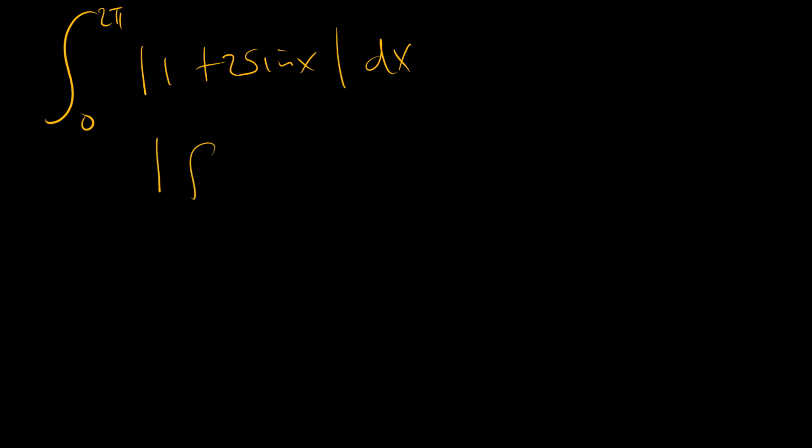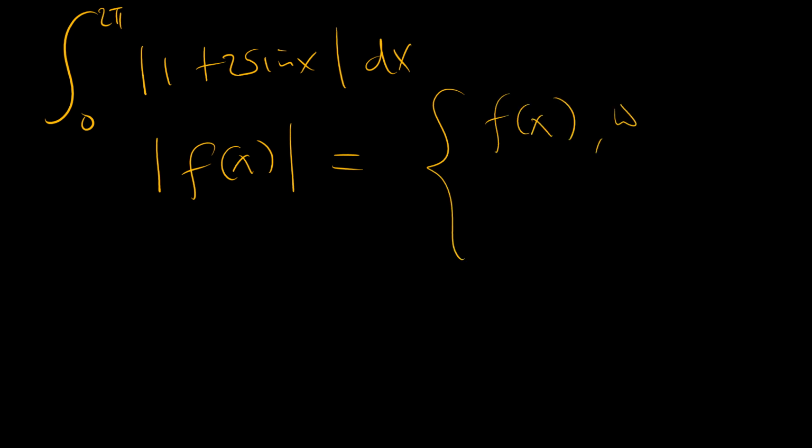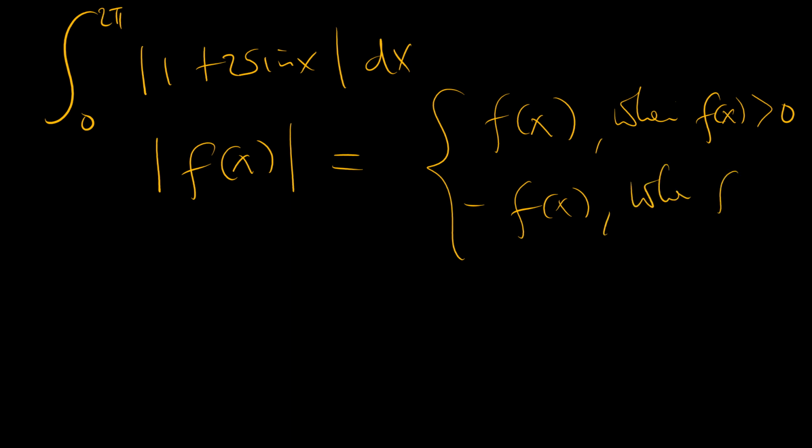The absolute value of a function f(x) equals f(x) when f(x) is greater than 0, but negative f(x) when f(x) is less than 0. That is the definition of the magnitude of the absolute value of a function.